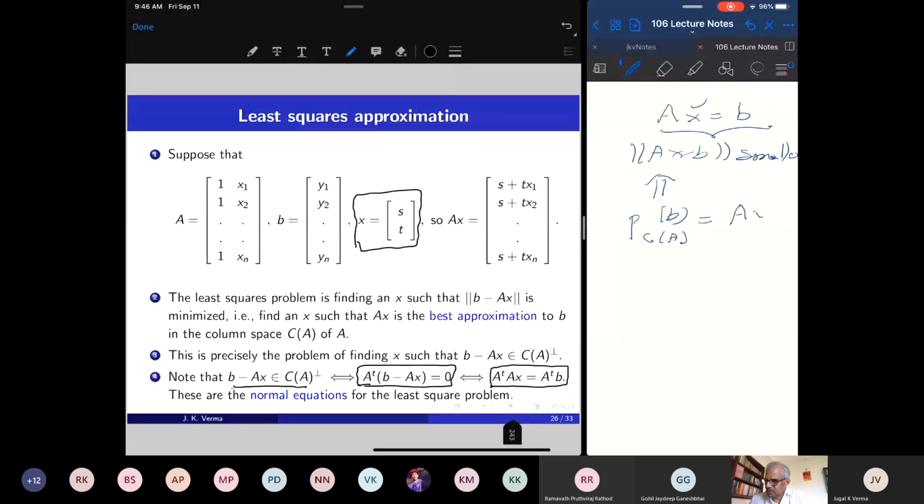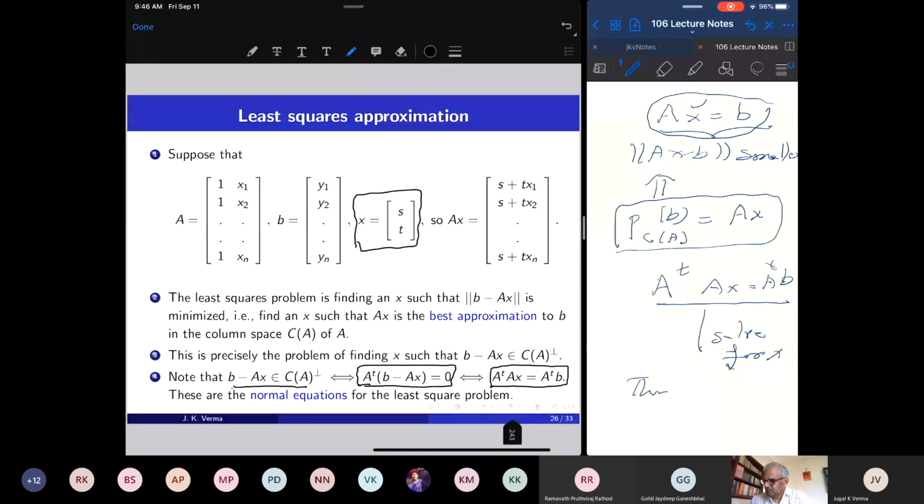So we solve for this, and solving for this is the same as solving A transpose Ax equal to A transpose B. So the original equation, we just multiply by A transpose on both sides and solve for x. This is the best x for Ax equal to B. We are not solving Ax equal to B because in practice there is no solution.